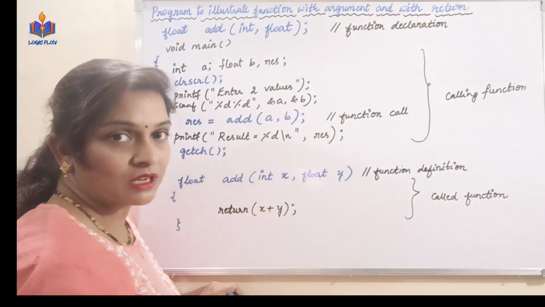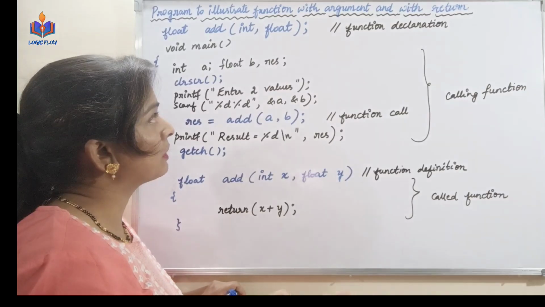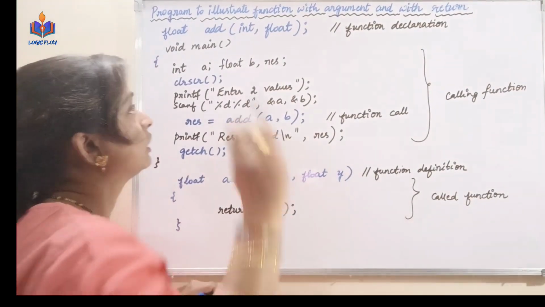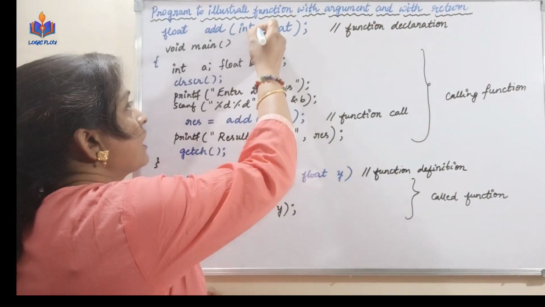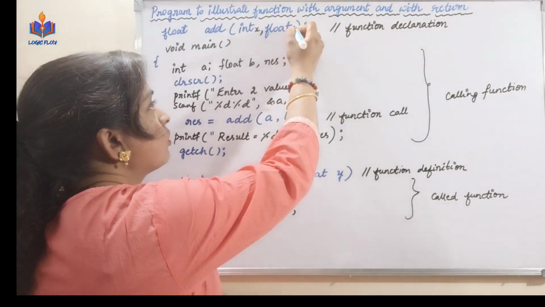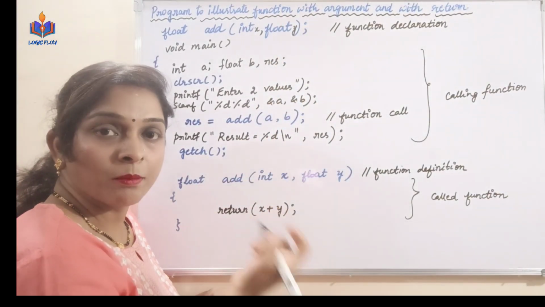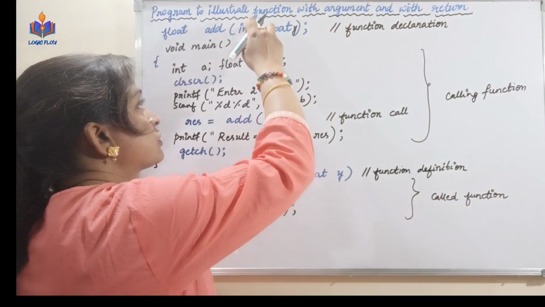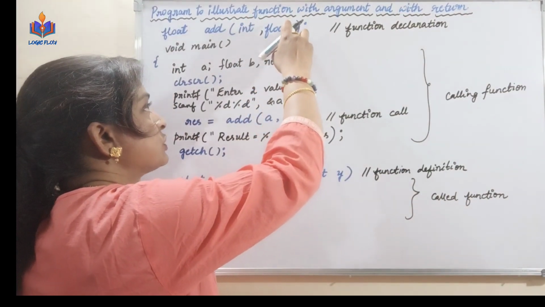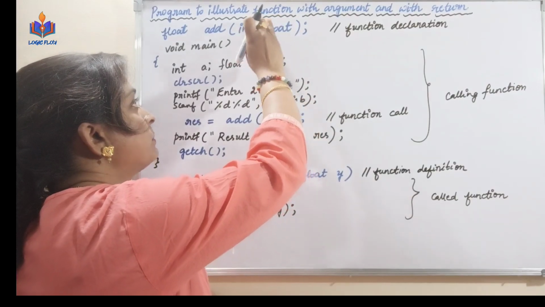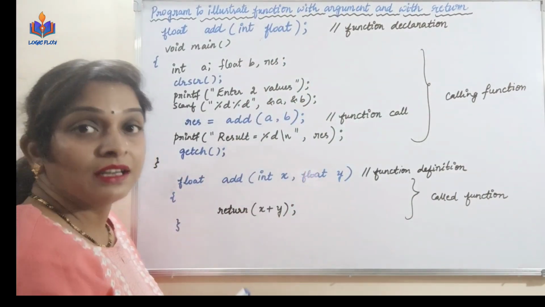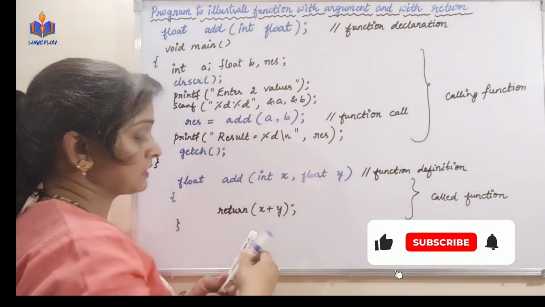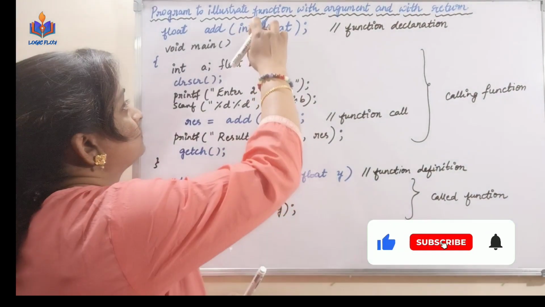It is optional. If you mention them, like int x, float y, there is no mistake in that. If not mentioned, there is also no issue. You can simply have the list of data types separated with a comma like this.